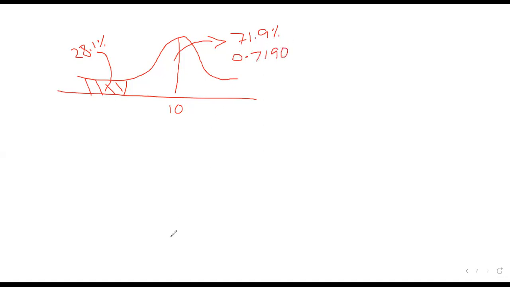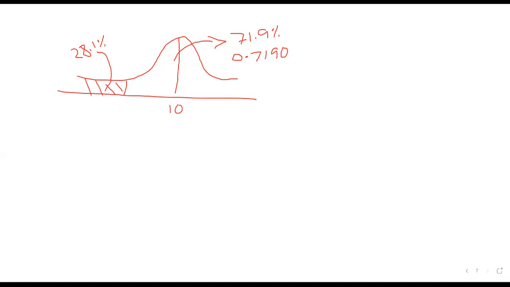After this step, what do we do? We check it inside the table to find what number is either exactly or close to 0.7190. Okay, capture that number.